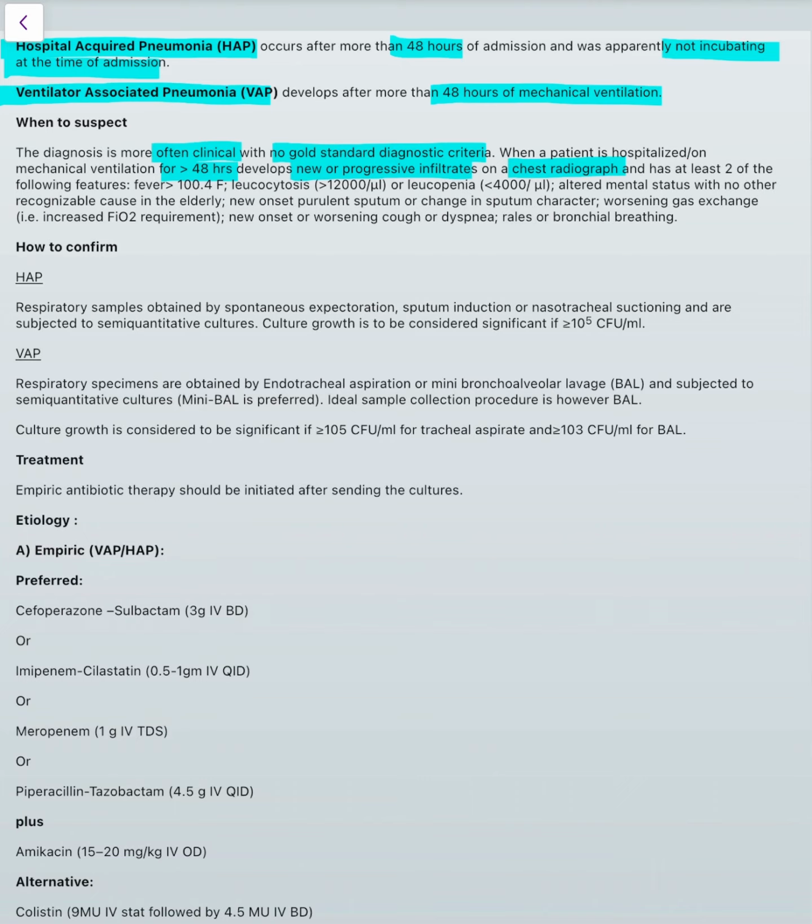Other than that, worsening features: fever more than 100 degrees, leukocytosis, leukopenia, altered mental status with no other recognizable cause in the elderly, new onset purulent sputum or change in sputum character, worsening of gas exchange, that is a need for increased FiO2, new onset or worsening cough or dyspnea, rales or bronchial breathing. Any such worsening, we have to suspect hospital acquired pneumonia or VAP.